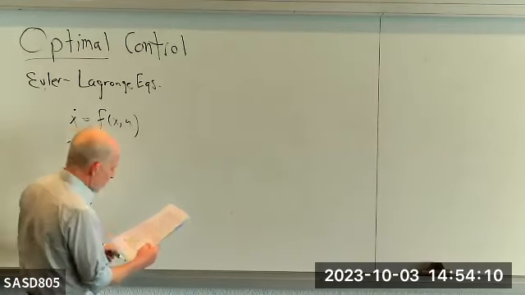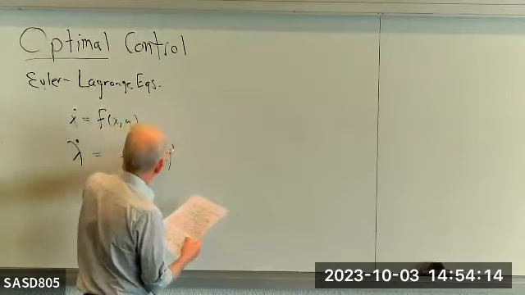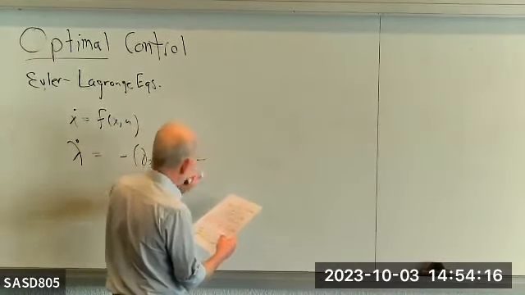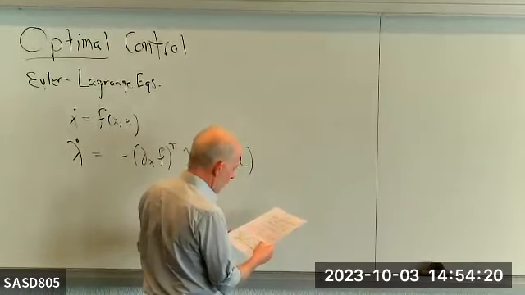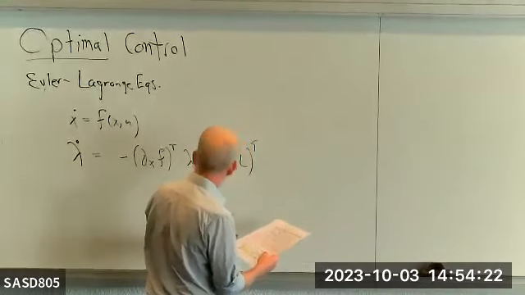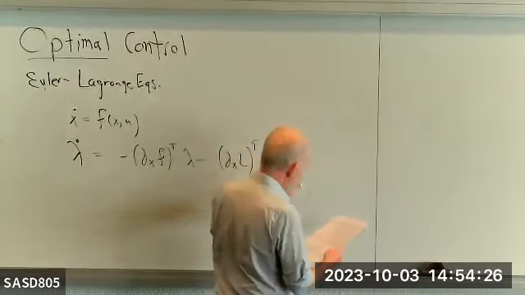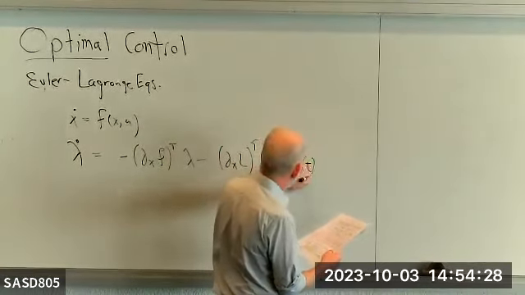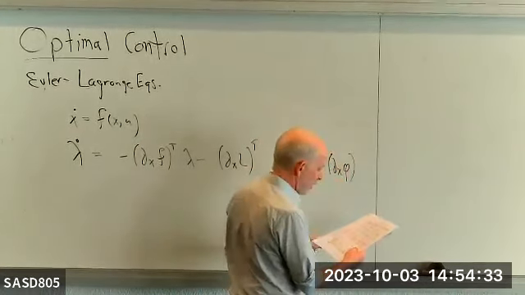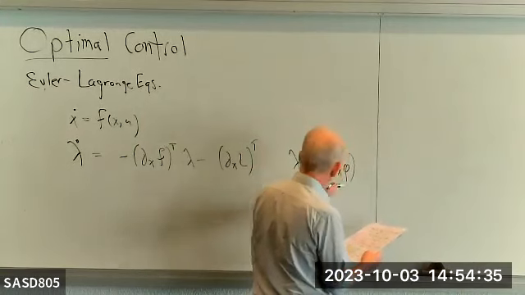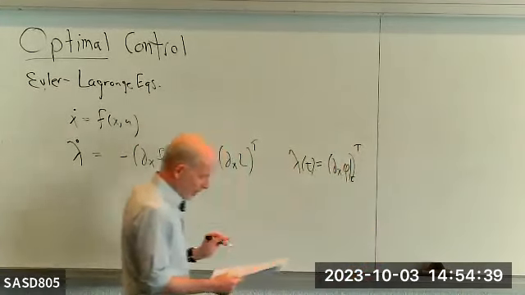And so this obeys minus d_x f transpose lambda minus d_x l transpose, and then there's also a boundary condition that lambda of tau is d_x phi evaluated at tau transpose.